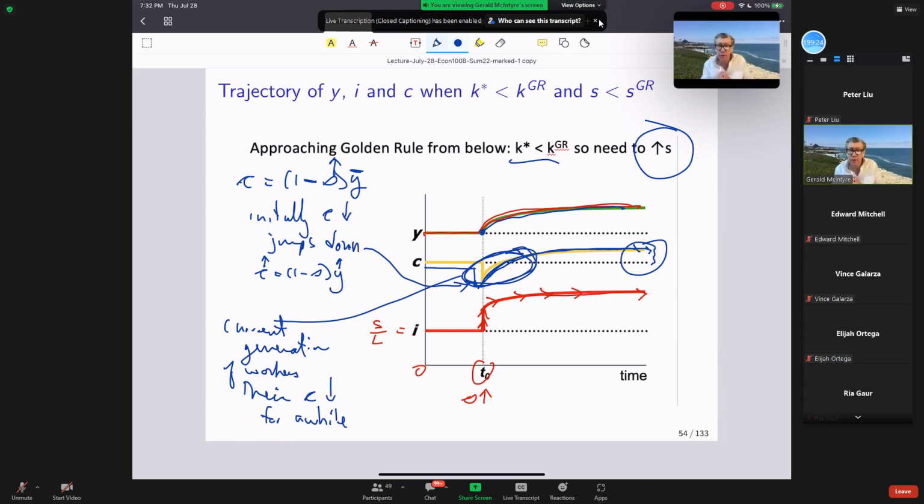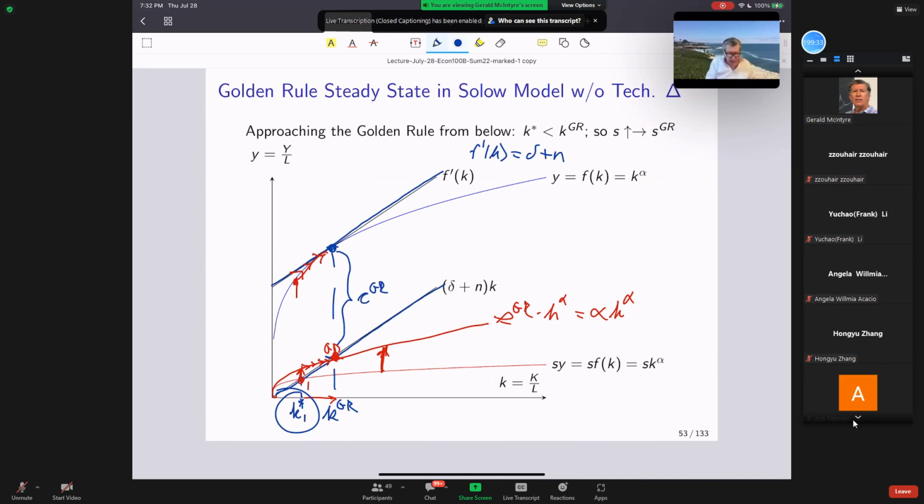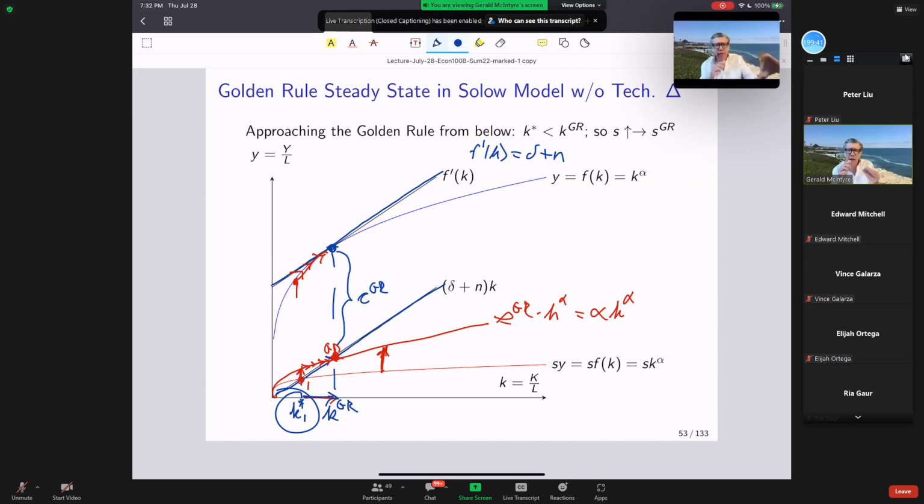A democracy cannot achieve the golden rule from below. It stays where it is and can't get out here. And that means democracies fail, because of the politics of the golden rule from below, to do as best they can for their citizens, and cannot maximize their consumption per worker.